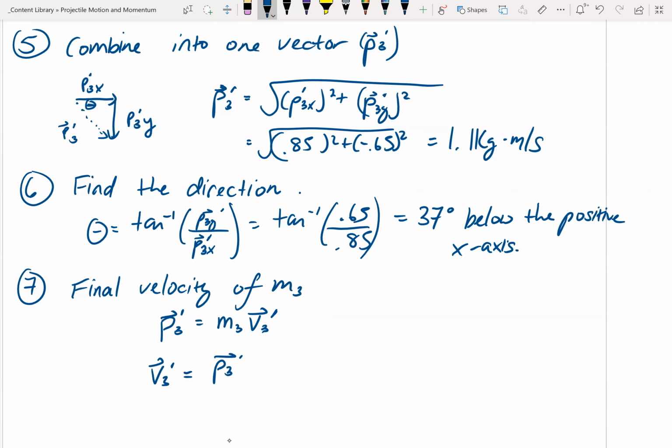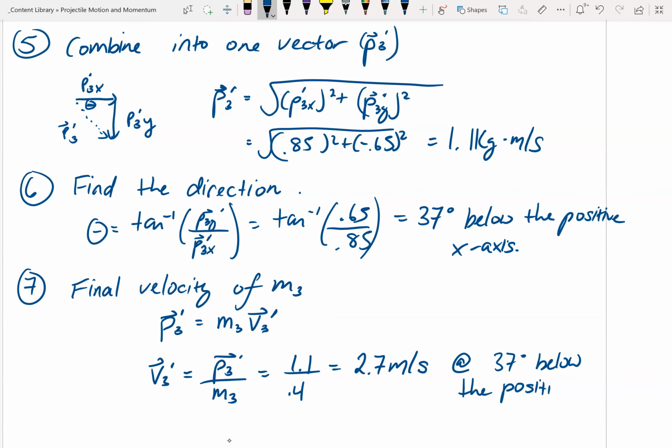So I'm going to divide both sides by m3. That's 1.1 divided by 0.4, which is 2.7 meters per second. And we have the direction. We found that in part 6, which is 37 degrees below the positive x-axis. And now we're finally done with that question. It's a long one.